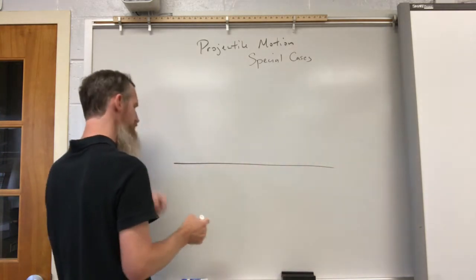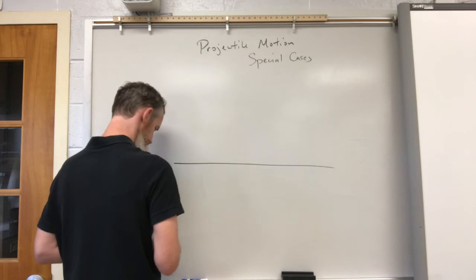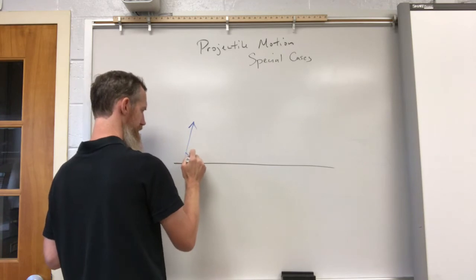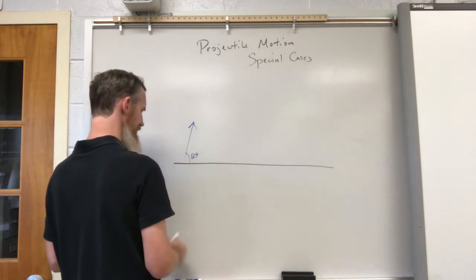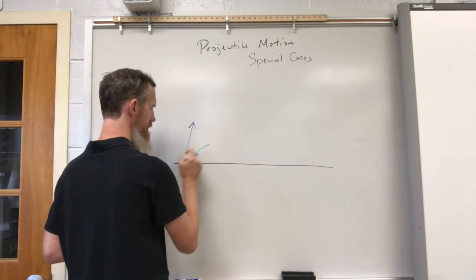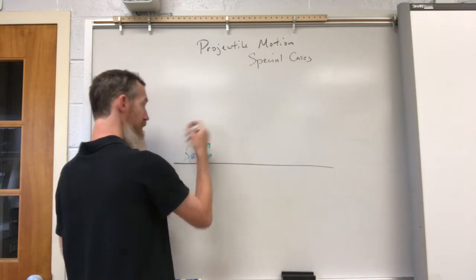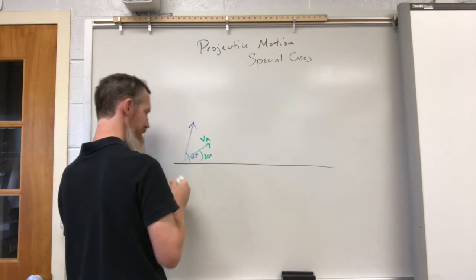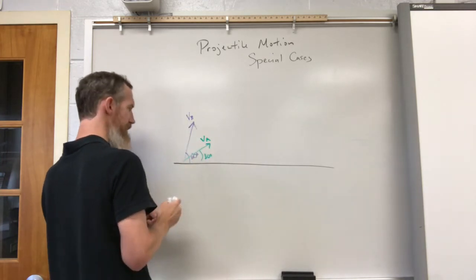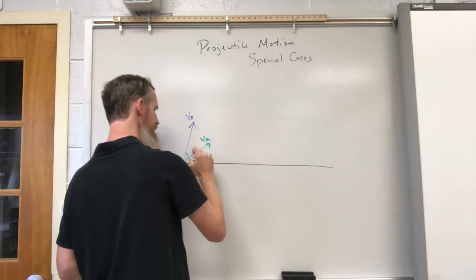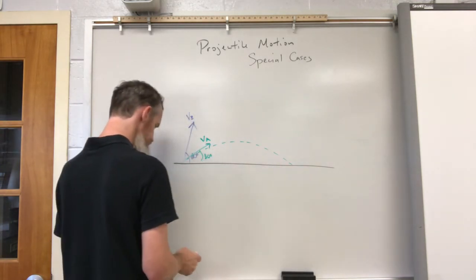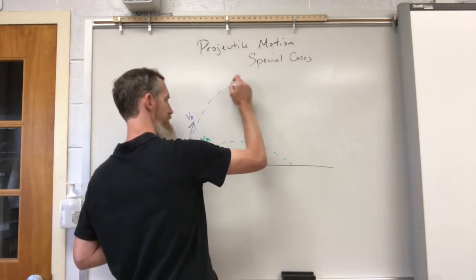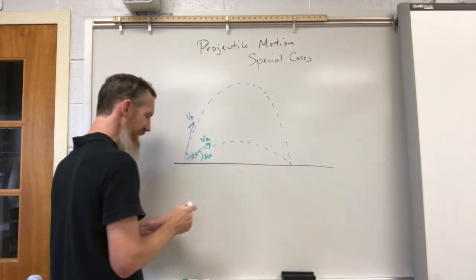So if we launch something at, let's say, a 60-degree angle, and we launch something at a 30-degree angle, but these speeds, the magnitudes, are the same value, let's again say 10 meters a second, what we're going to find is that they are going to travel the same amount of range.